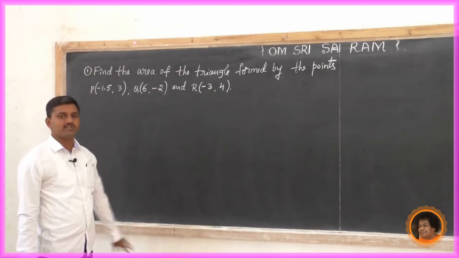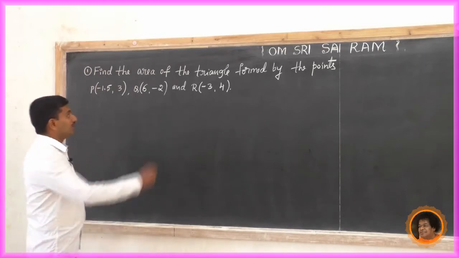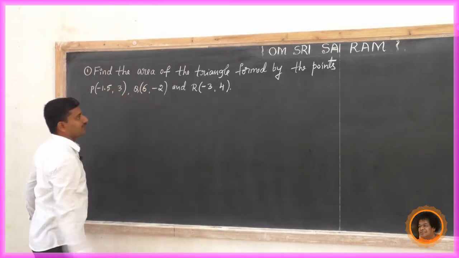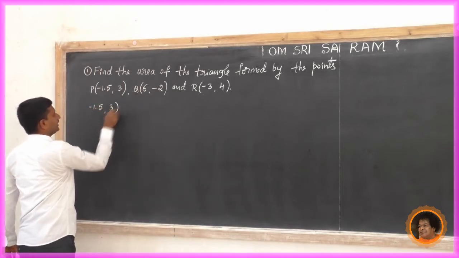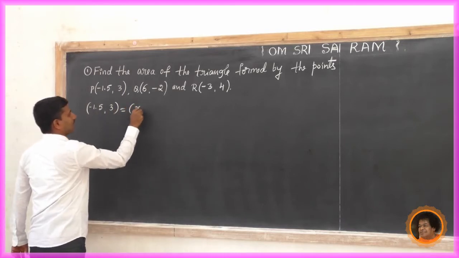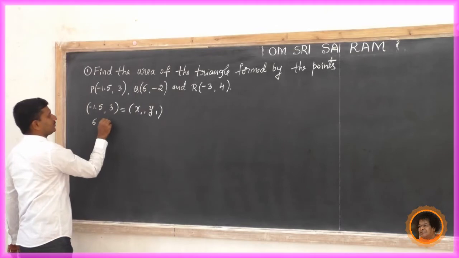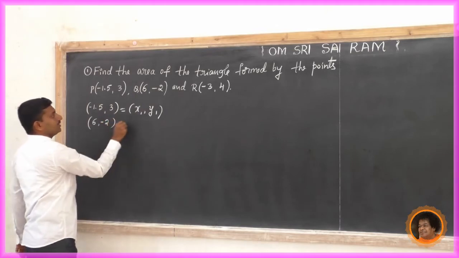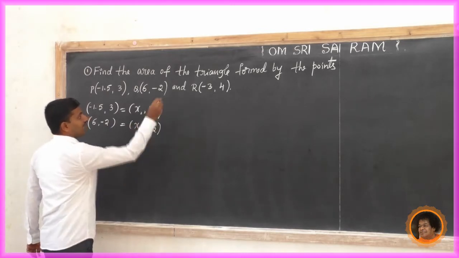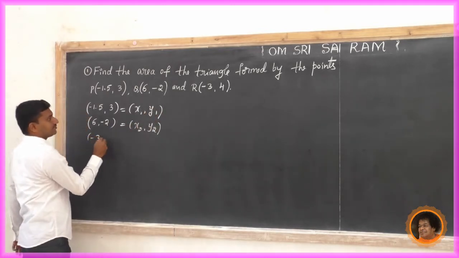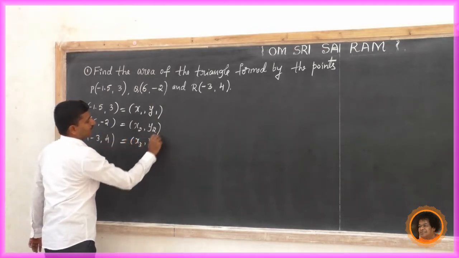So the three coordinate points are given. You know the formula, so find the area of the triangle. The coordinate points are (-1.5, 3). Let us consider the first point as x1, y1. The second point is (6, -2), so this is x2, y2. And the third point is (-3, 4), so this is x3, y3.